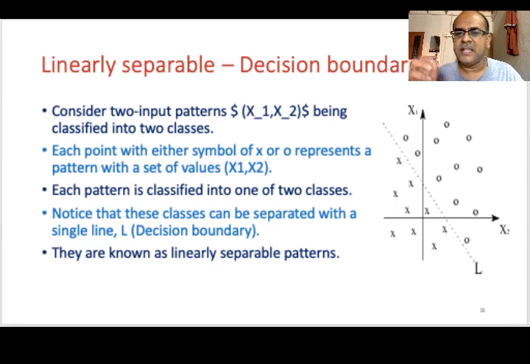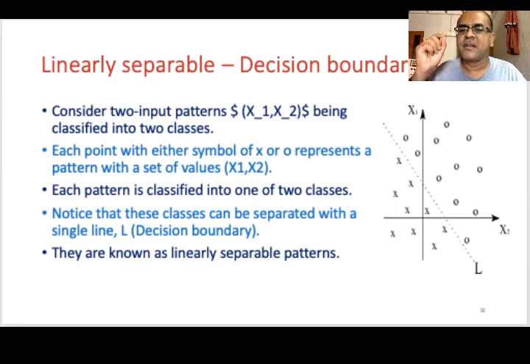Each point with either symbol of x or small circle represents a pattern with a set of values. Each pattern is classified into either one of the two classes. And these two classes need to be separated by a decision boundary. When I say decision boundary, it is a single line, a single line in this diagram. It is nothing but a dotted line represented by L.